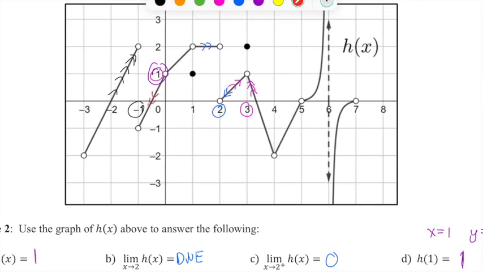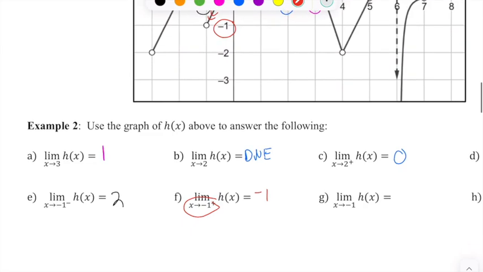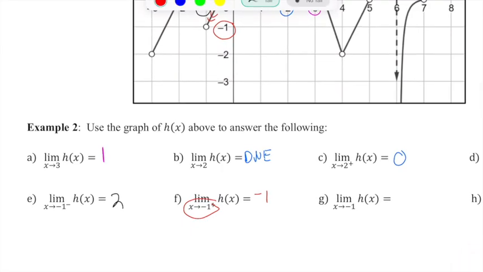So if we go from the right, it's going to get closer and closer to -1. Now, this question says, what is the limit as x approaches 1 from both sides? Well, we did it here. This is from the left, it approached 2. From the right, it approached -1. So this one does not exist.